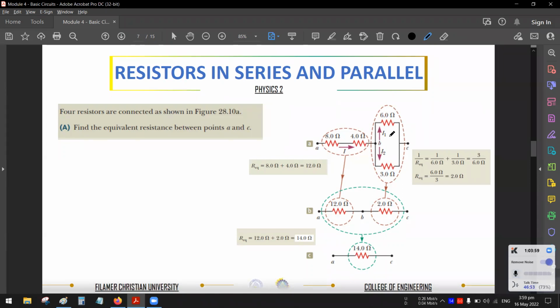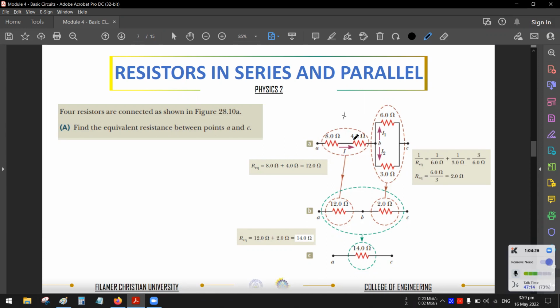So, titignan muna natin kung saan ba pupunta yung current natin. Saan ba yung pinakasimple? O ano ba yung pinakasimple na gagawin natin dito sa circuit na to? Okay? So, for the series, we can just add the resistor. Diba? Add lang natin to.